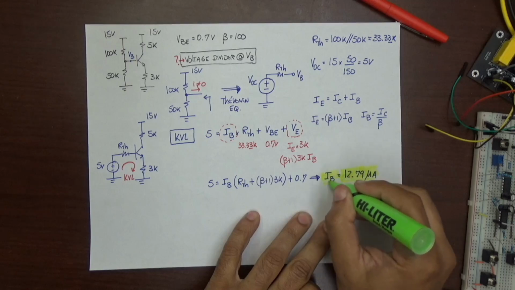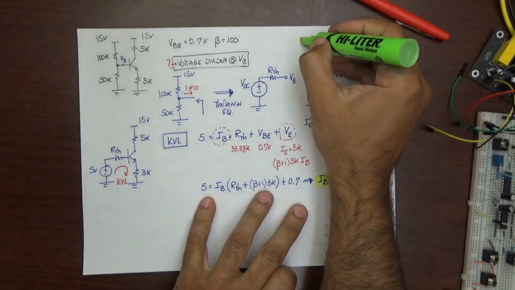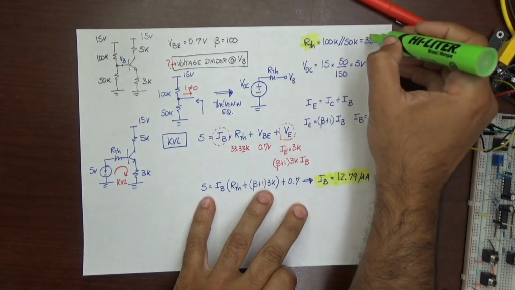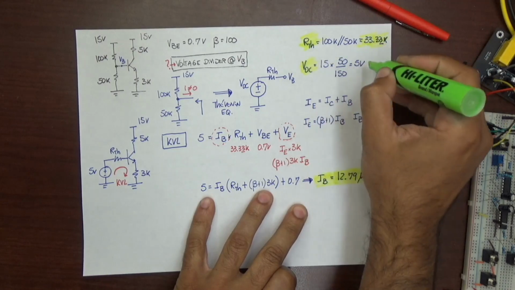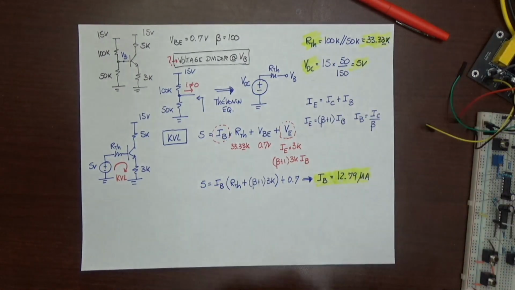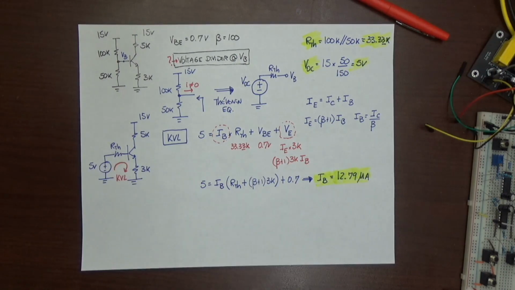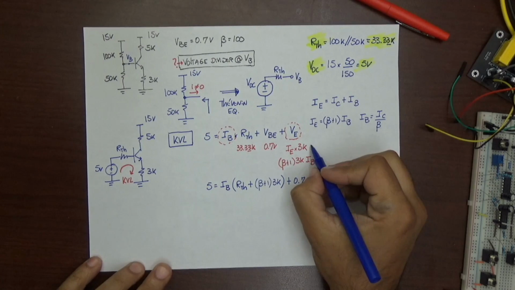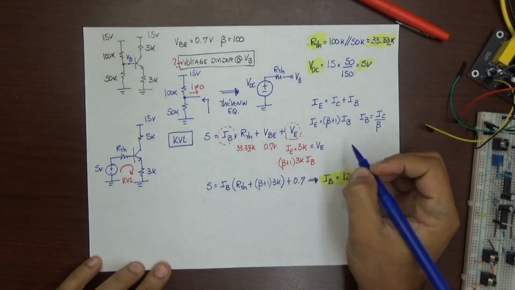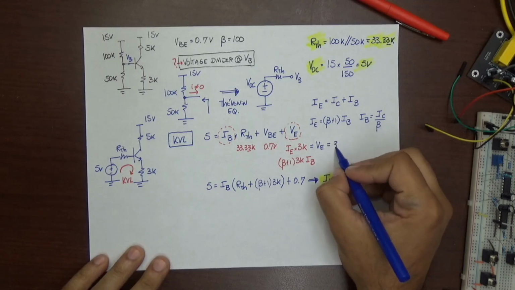We can also highlight our Thevenin resistance and open circuit voltage for our Thevenin. Now that we have our IB, and we assumed that the transistor was in active mode, we can start calculating the other currents. Let me go here and calculate VE because I know my IE. Oh, I still don't know my IE, but I'll put my VE here.